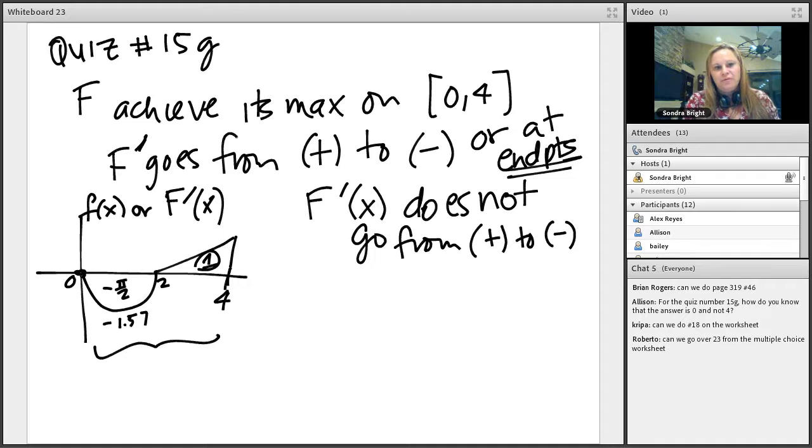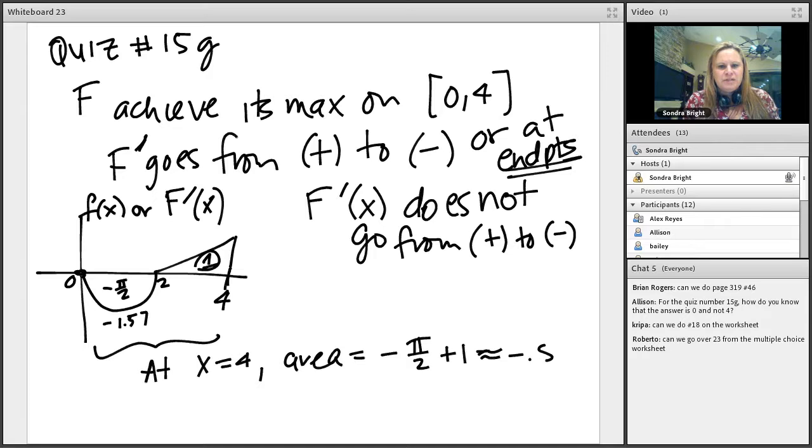When you go through the whole thing and add them all up, at x equals 4 your area is still negative. It would be negative pi over 2 plus 1, which is about negative 0.57, right?